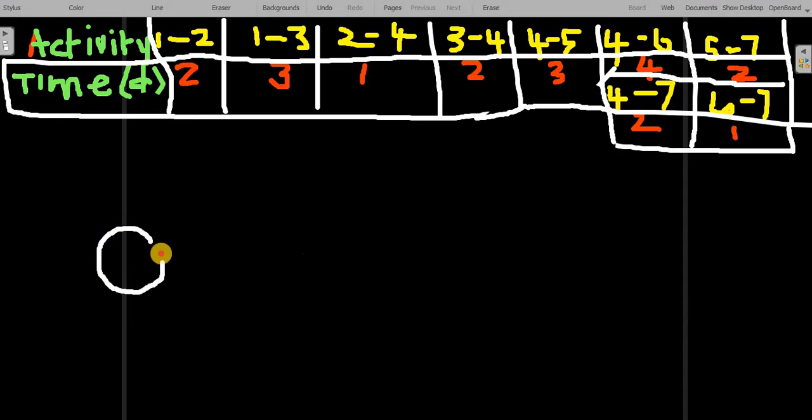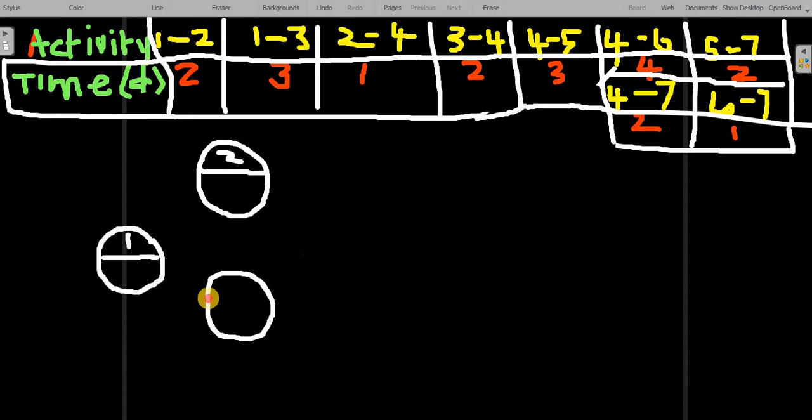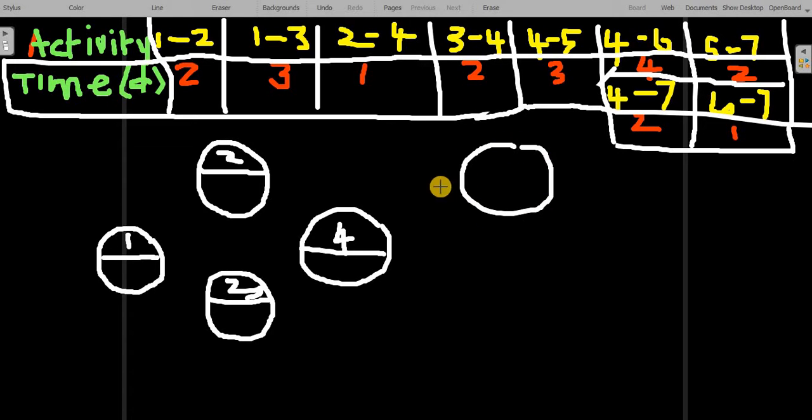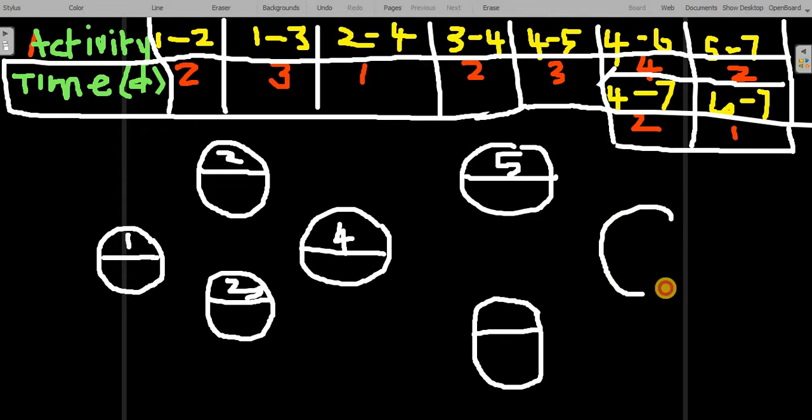events like this. This is event 1 and this is event 2, and this is event 3, this is event 4, and this is event 5, this is event 6, this is event 7.